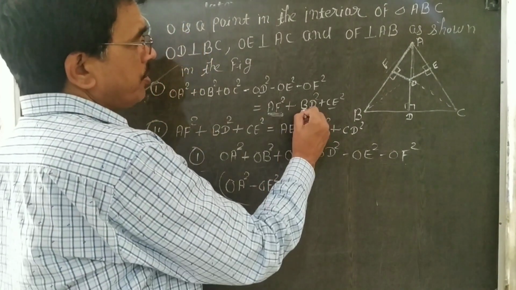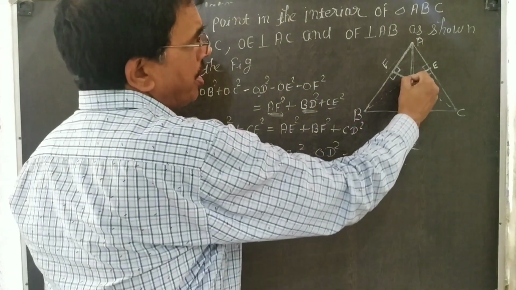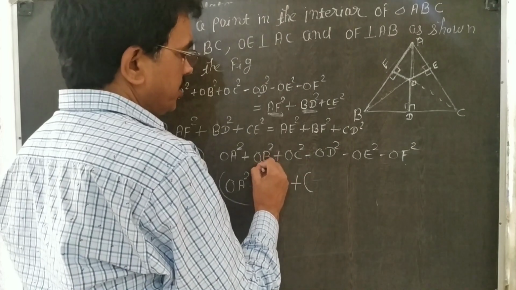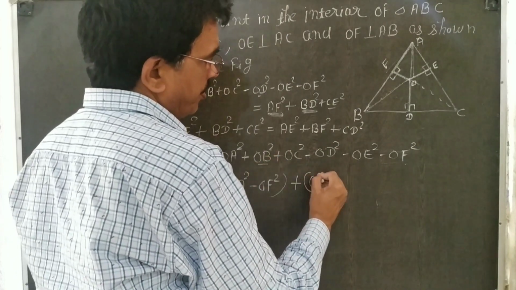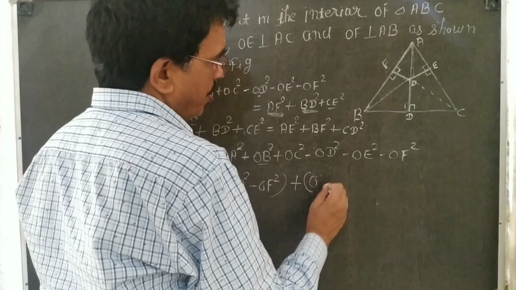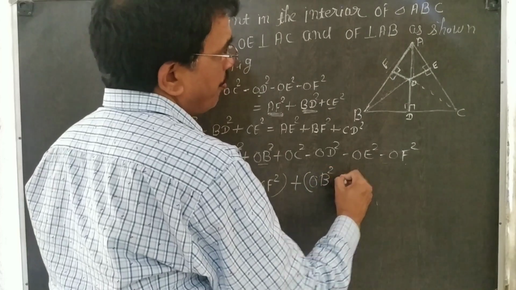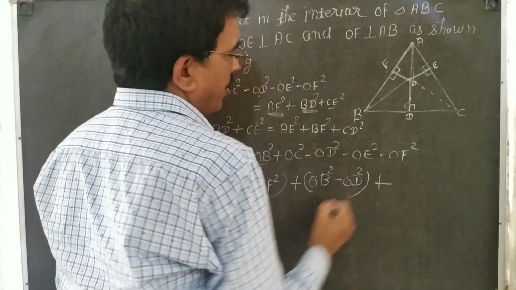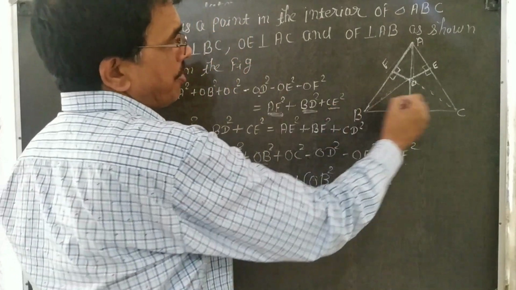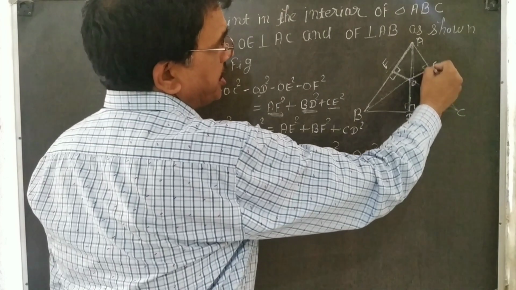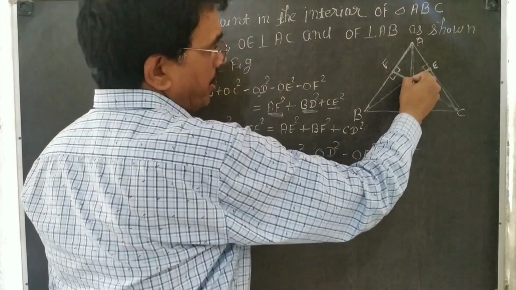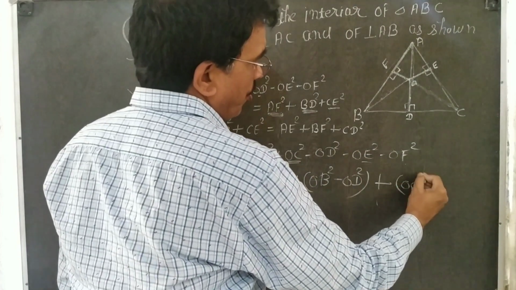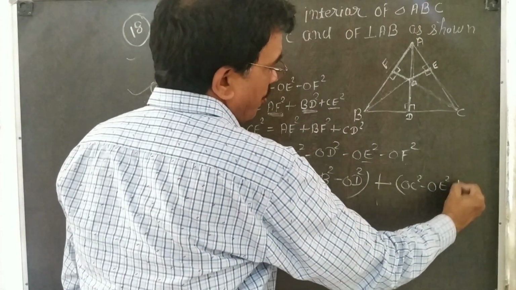Plus, next is BD. What is BD square? BD square is BO square minus OD square. So here is OB square minus OD square. And last is CE. Here CE square is OC square minus OE square.